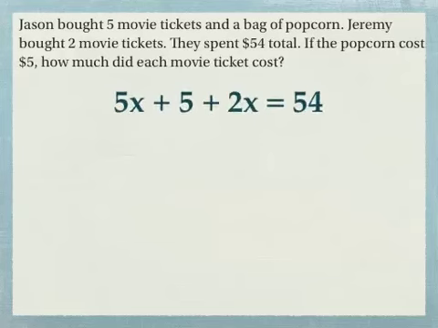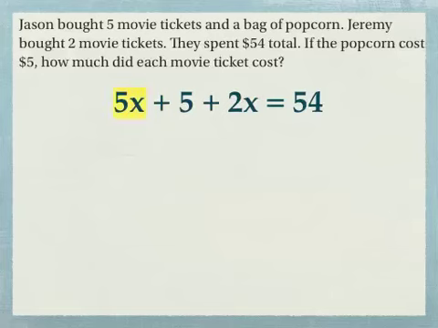Together, they spent $54. So here I have 5x plus 5, where x is the cost of each movie ticket. 5x plus 5 would be how much Jason spent, and then plus 2x would be how much Jeremy spent. And remember, total they spent $54.